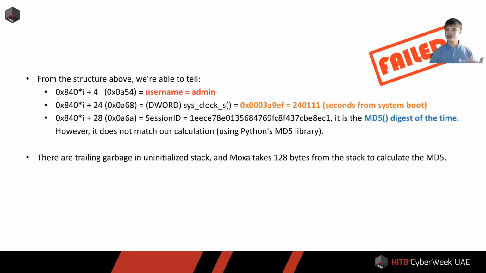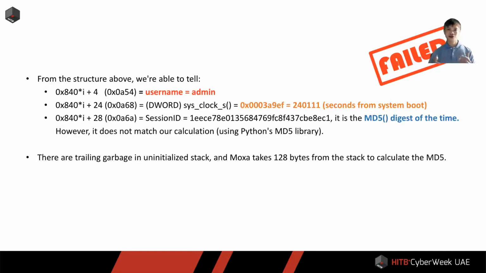And the trailing garbage is randomized whenever you reboot the system, not because Moxa wanted to randomize it, but because the stack is not initialized; the memory is not zeroed out. If Moxa had obeyed some good programming rule that initialized the stack, maybe we would have the chance to brute force it. So, Moxa is really lucky here.